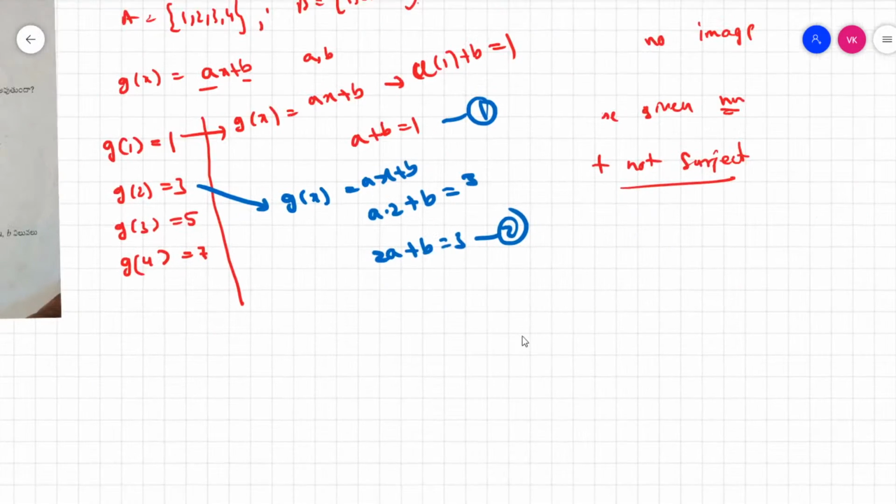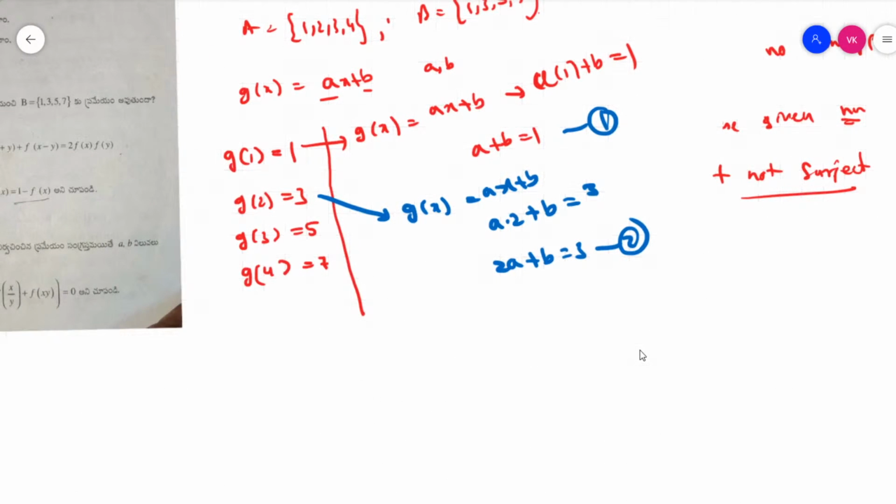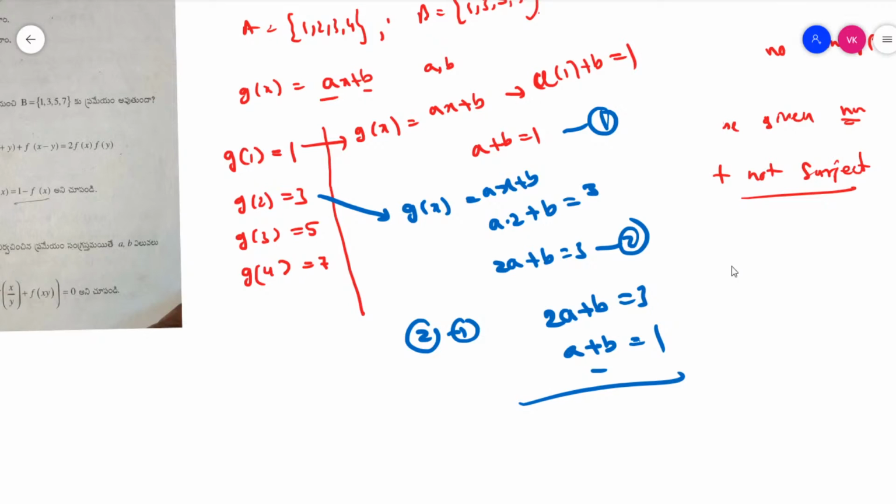We can write directly, let us do equation 2 minus equation 1. We can write 2a plus b is equal to 3 and a plus b is equal to 1. Subtracting, we can easily cancel b minus b, and 2a minus a is equal to a, and 3 minus 1 is equal to 2.